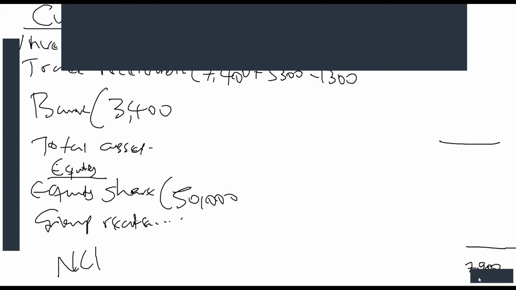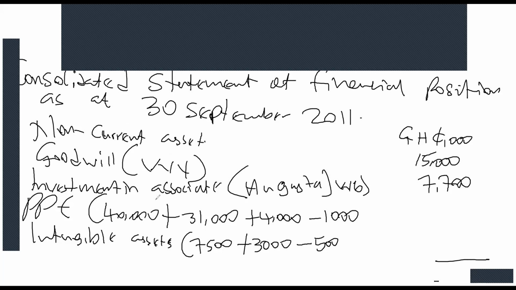So now start from the top, add everything, balance it off. Let's go. So slowly, I'm on PP now. 40 plus 31 plus 4 minus 1 minus 1,000.